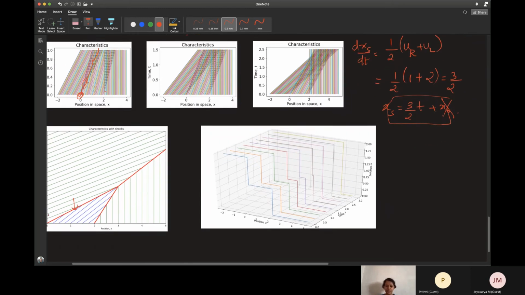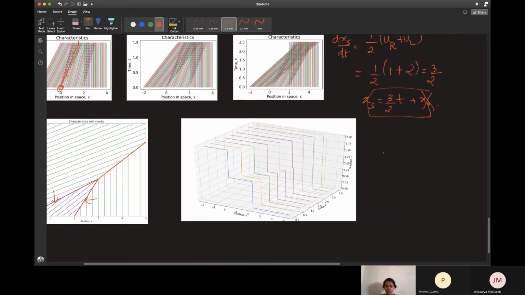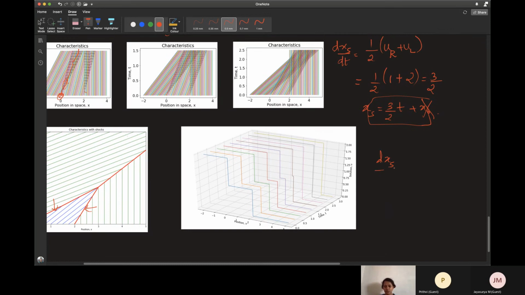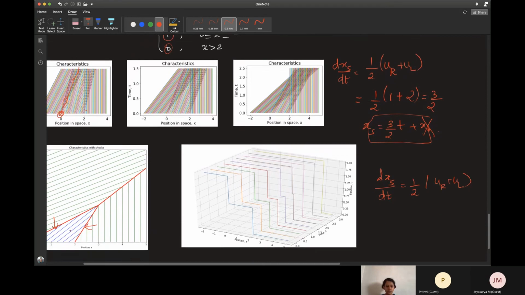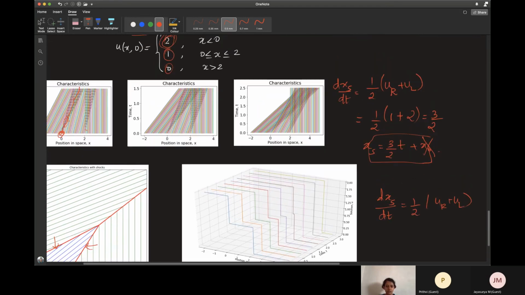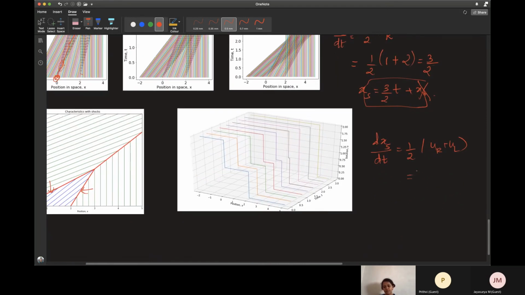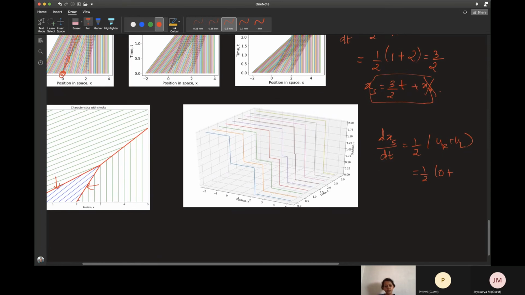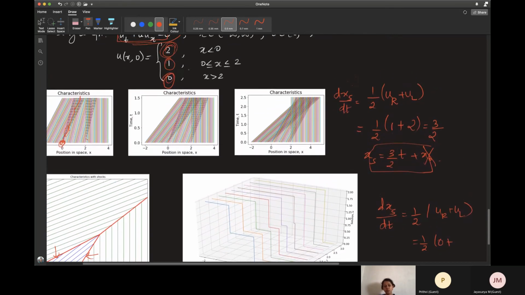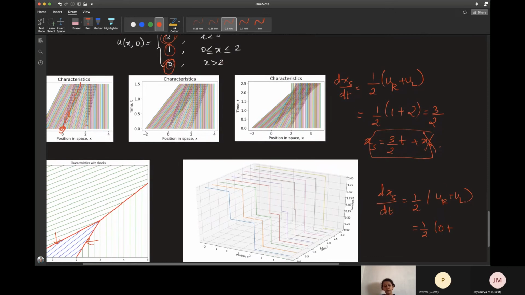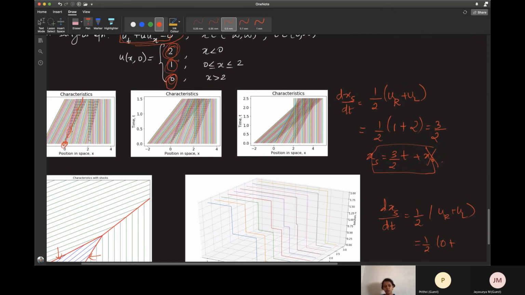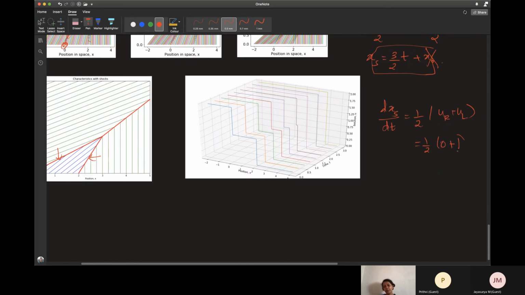Now similarly I can find an equation for this shock, which will be half into again ur plus ul. This time for this shock ur is 0. Towards the right of x equals 2 we have 0, and towards the left of x equals 2 we have u equals 1.